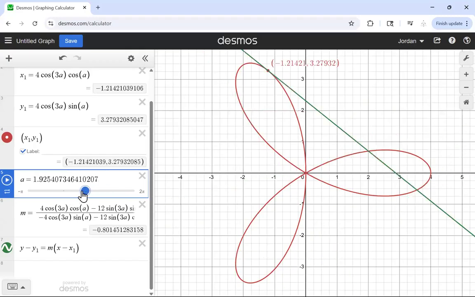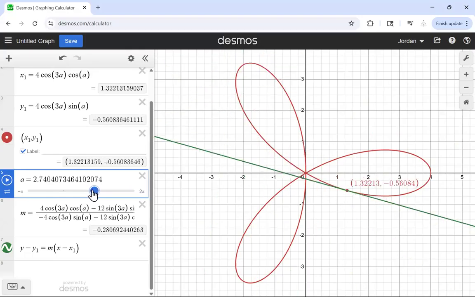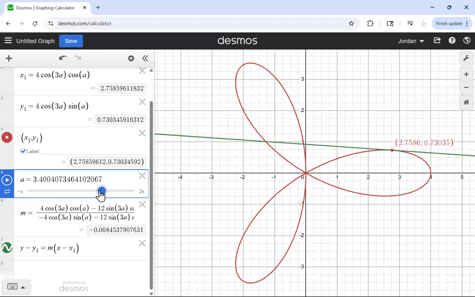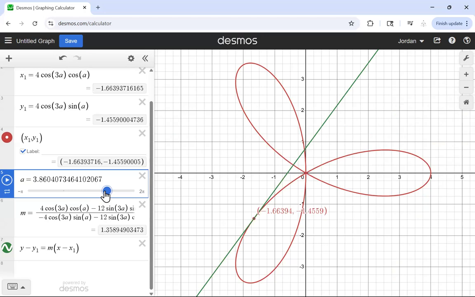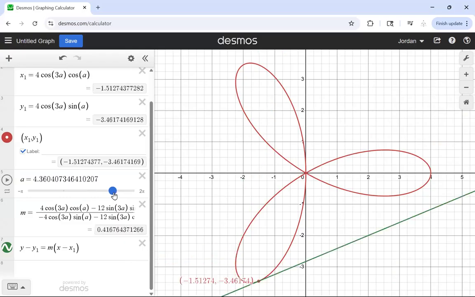If it automatically goes, it goes a little fast. But if I'm taking it through here, it's not too bad. So as you can see, as the point moves around, that is tracking the slope of the tangent line. That slope is just the formula that we just found. So there we go.